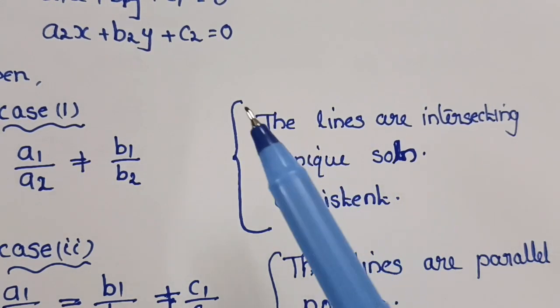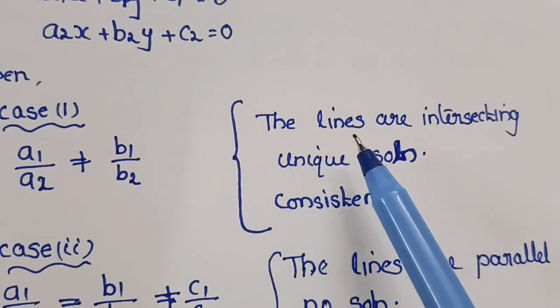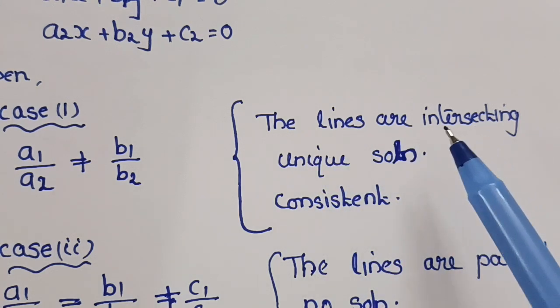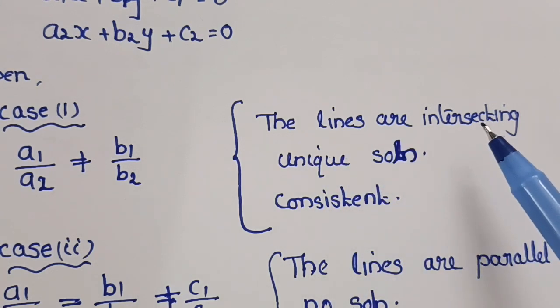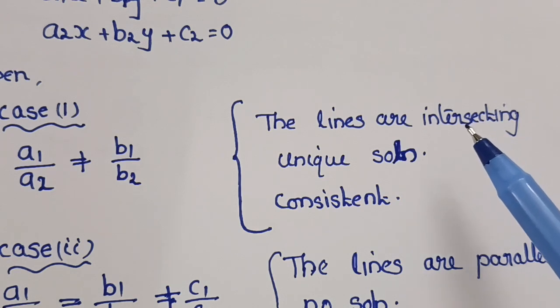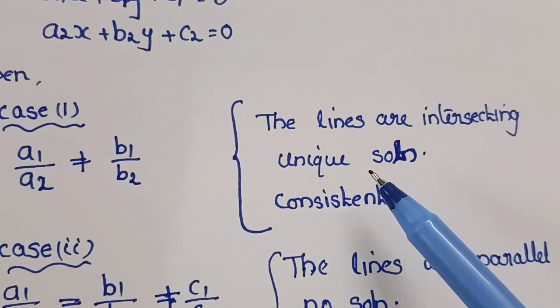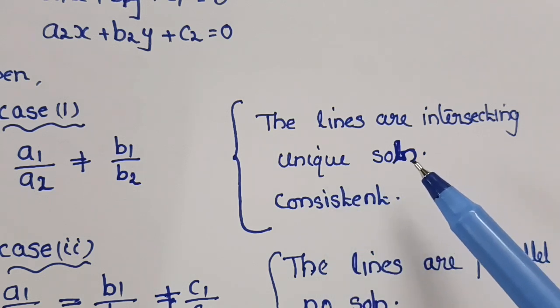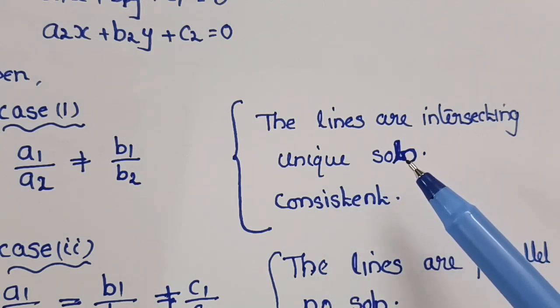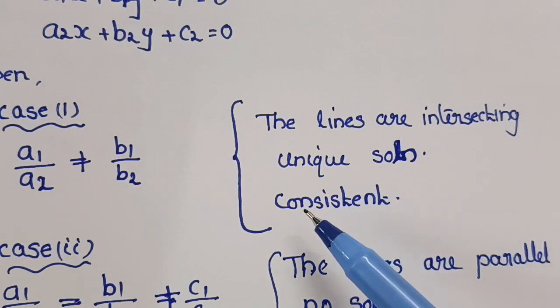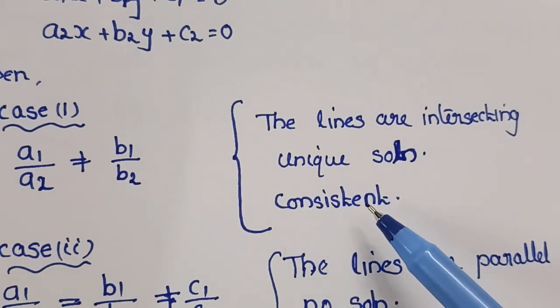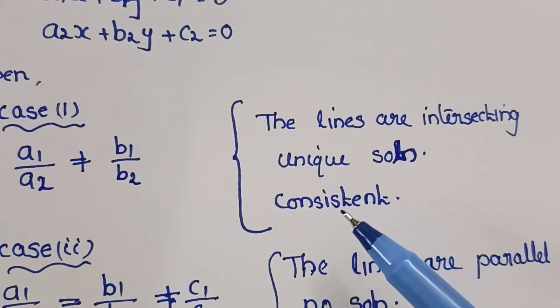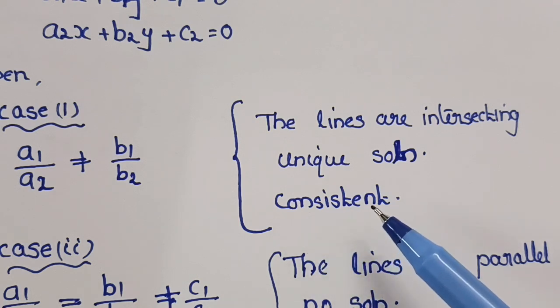plot the graph of the equations, we get two intersecting lines. If the lines are intersecting, then we know that there is only one solution, that is, a unique solution. If a solution is there, then the system is said to be consistent. If a solution is not there, then they are inconsistent equations.